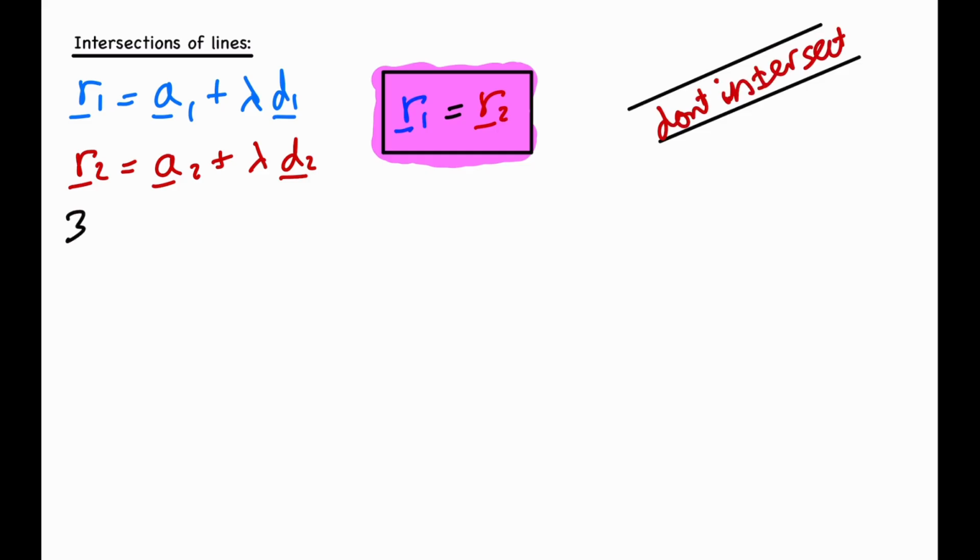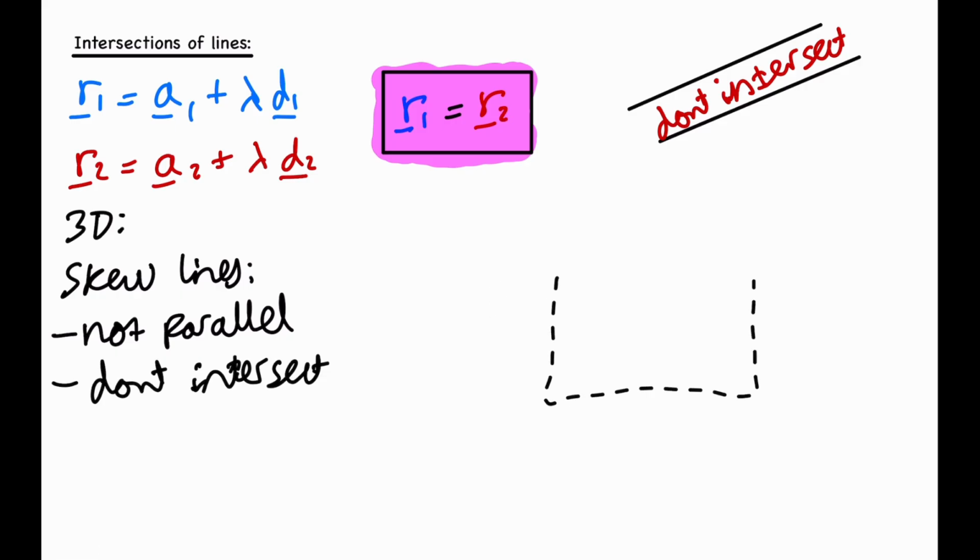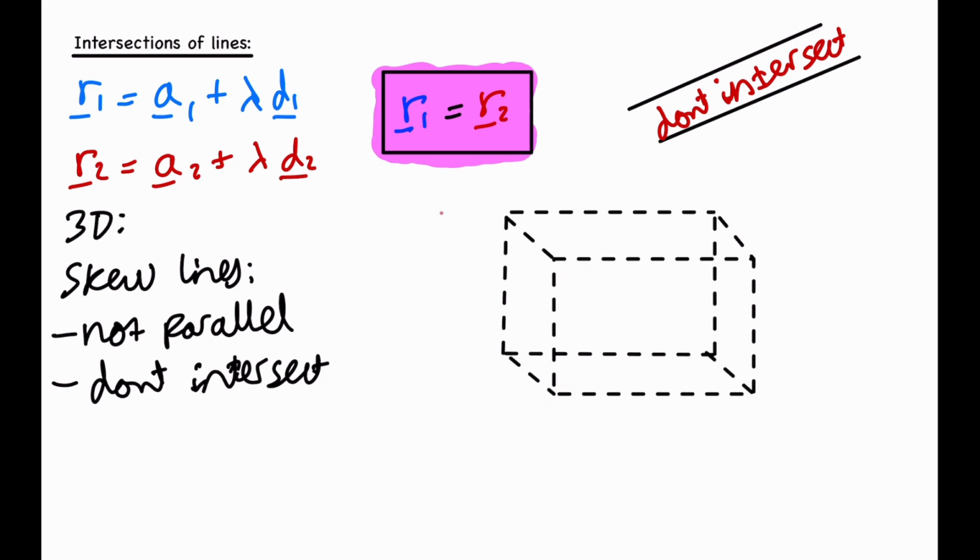But in 3D, you have parallel lines similar to 2D, and you also have skew lines, which are not parallel and don't intersect. If I were to draw a 3D space like this, skew lines will look something like this. We have one line going this way and another line going somewhere like this. So they're not parallel, and they don't intersect either, because this one goes below it and this one goes above it.